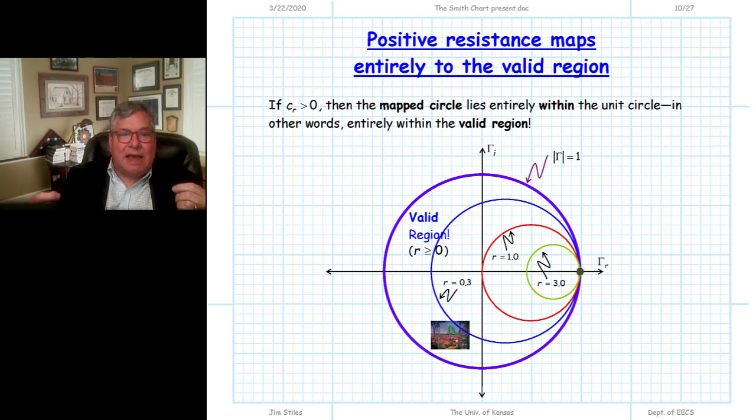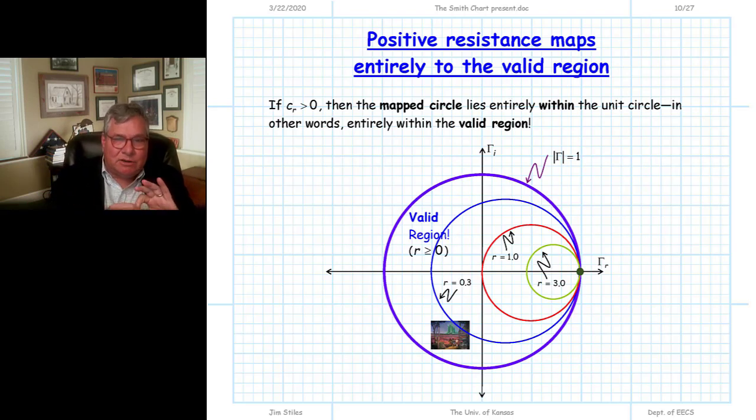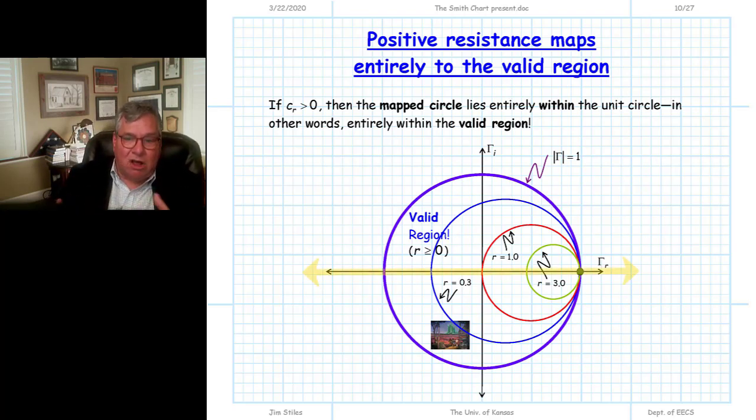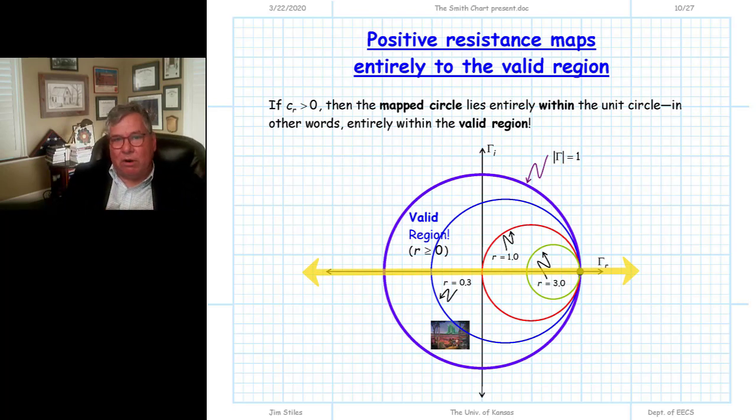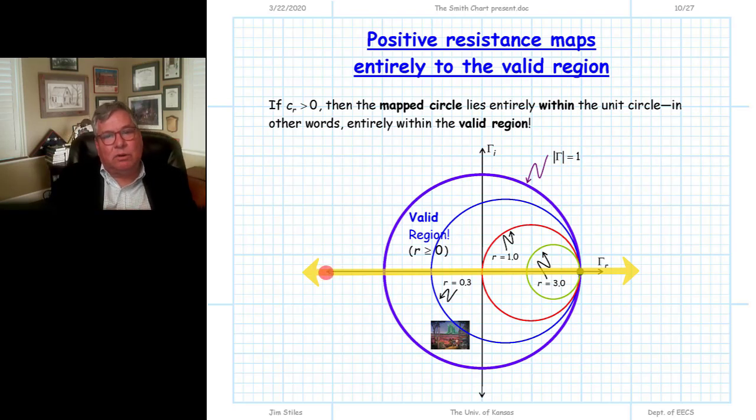So again, as that value of CR goes from 0 to infinity, we find the center of the circles will slide along the real axis to the value of the open circuit. Notice in every case the center is on that real axis, and we saw that to be true in the general parametric form of these mappings, that the center of every circle will be somewhere along that horizontal axis.